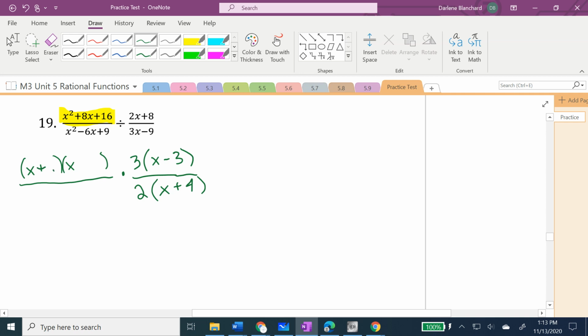I'm hoping you're seeing that it's x plus 4, which you can write as x plus 4 squared, or you can write it as 2 separate x plus 4s multiplying, either way. Now I'm looking at the denominator I just highlighted and factoring that. How does that denominator factor? You got it.